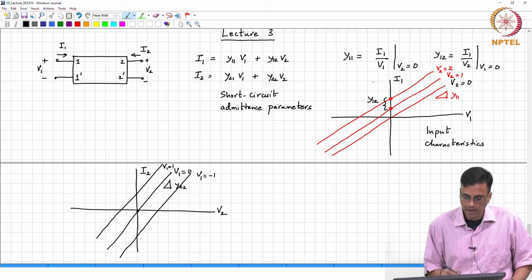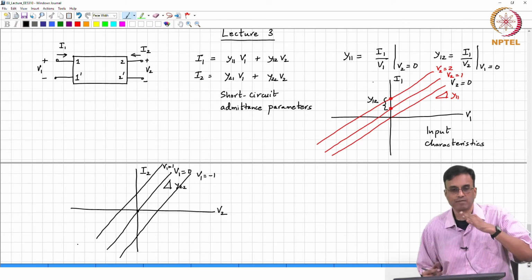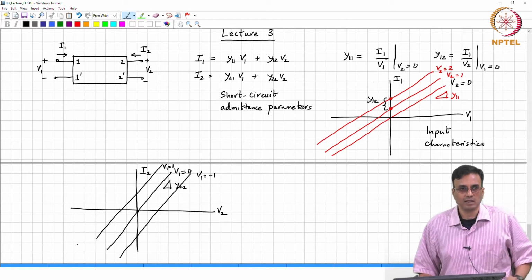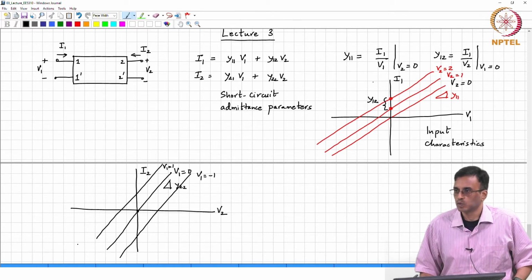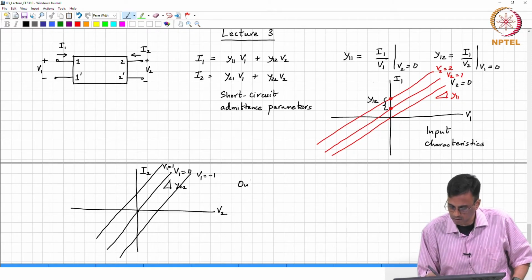All these lines are parallel to each other, and for equal increments in V1 the distance between adjacent lines will be identical. So these are the output characteristics.